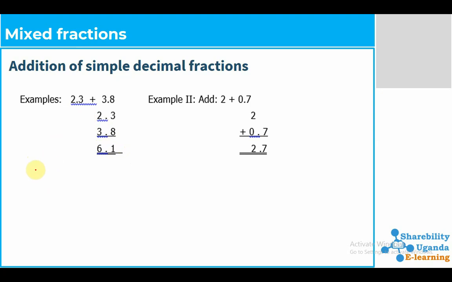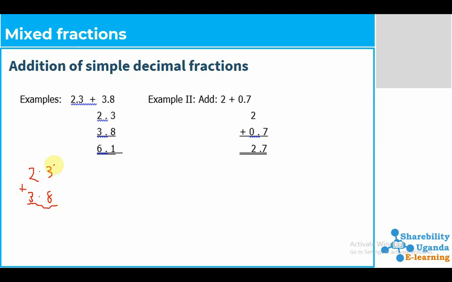Now you arrange these numbers according to their what? According to their place values. Okay. If we have a 2.3 and we have a 3.8, when we carry out our addition here, we shall be able to look at those figures.